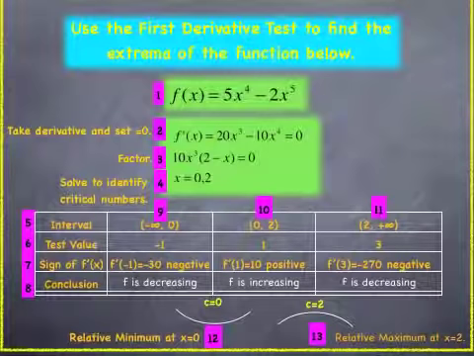In column 10, we're going to look at an interval between 0 and 2. That interval represents anything to the right of our critical value 0, but to the left of our critical value 2. And then in column 11, that interval goes between 2 and infinity, and that's anything to the right of critical value 2.